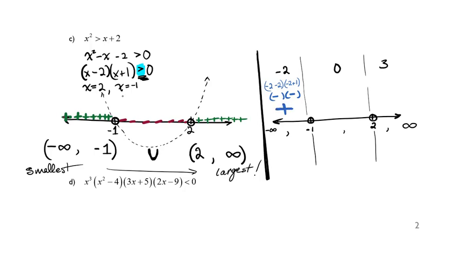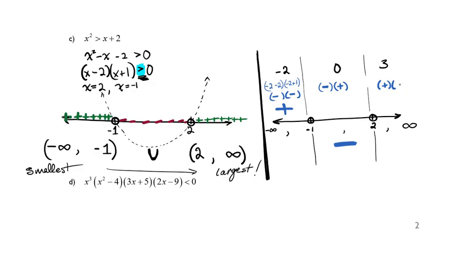That corresponds to my first process. Then I will do a substitution for 0. 0 minus 2 is negative. 0 plus 1 is positive. And that will give me an overall negative product. If I substitute 3 in, I will have 3 minus 2 is positive.